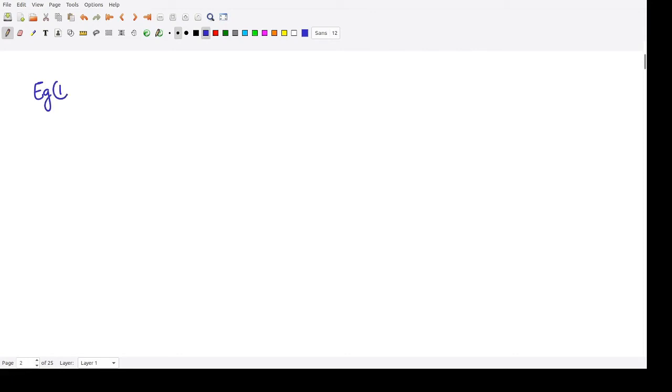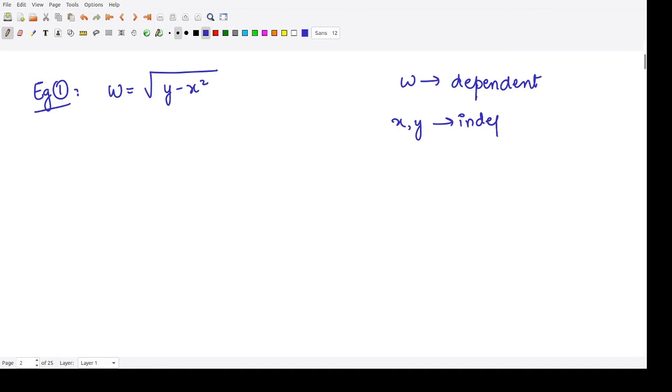Say the first example is the function w equal to the square root of y minus x squared. Here w is your dependent variable, and x and y are independent variables. Why?